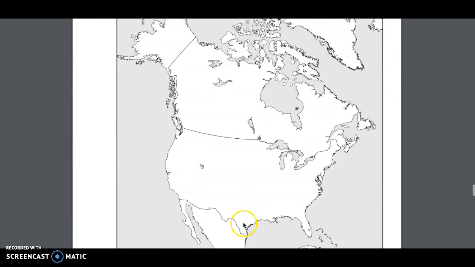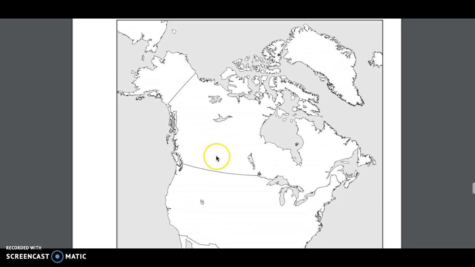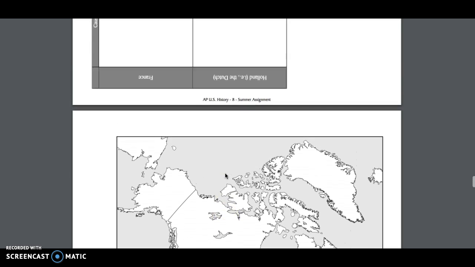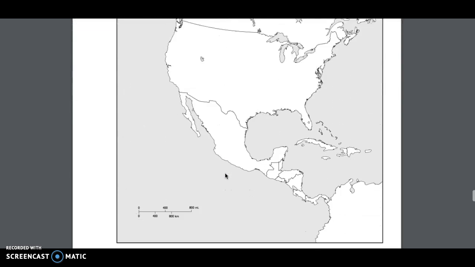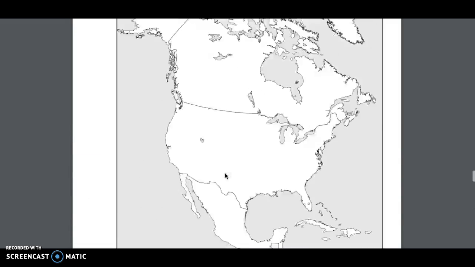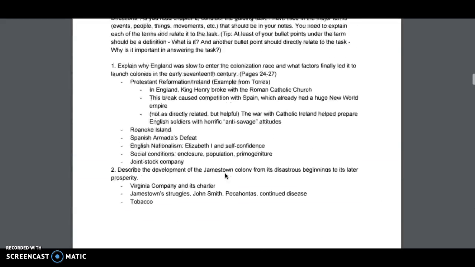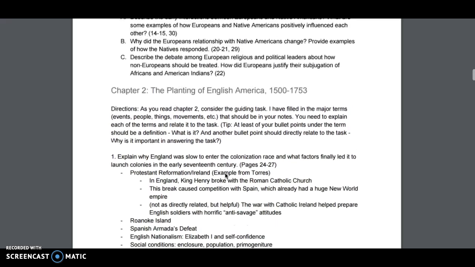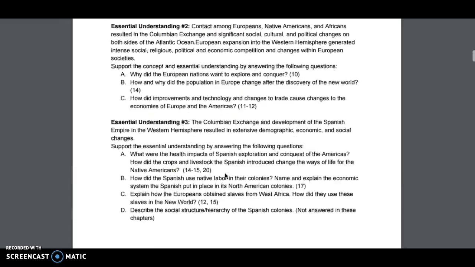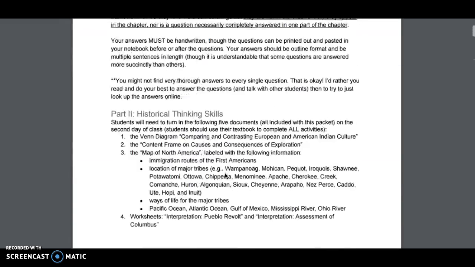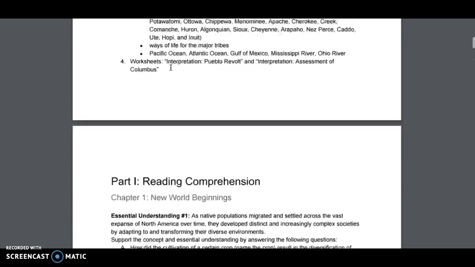This one is a map. The directions are in part two, but the exact map is somewhere in chapter one, and that map in the chapter will be greatly useful for you in completing that map. So okay, that's mostly part one.